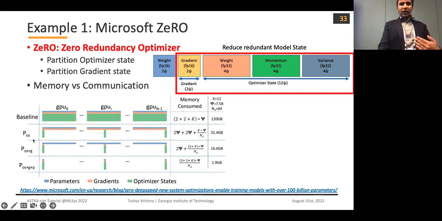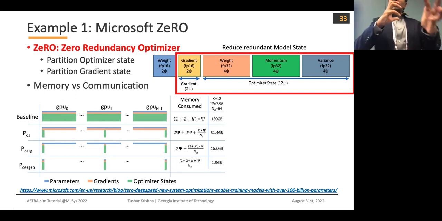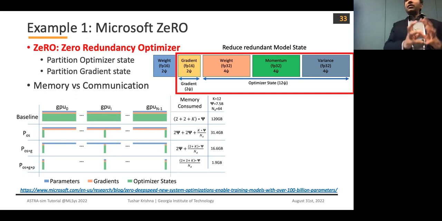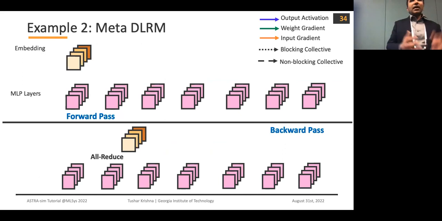And so without going into a lot of details, if this is the baseline which required 120 gigabytes, the most optimized version of the Zero strategy essentially just requires about 2 gigabytes. So if you're interested in more details, that paper goes into more details. So this is one example of a very handcrafted strategy that is created to optimize for communication and memory overhead. Other such strategies exist, hybrid strategies, again, depending on the complexity of the model.